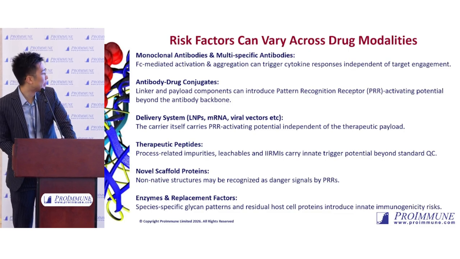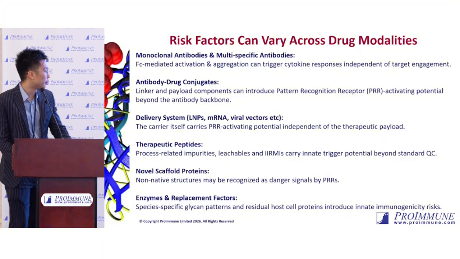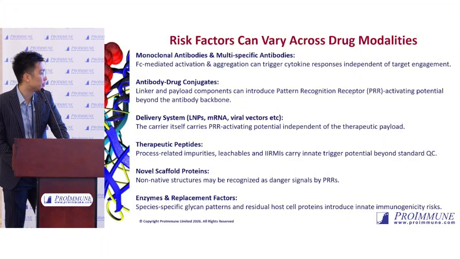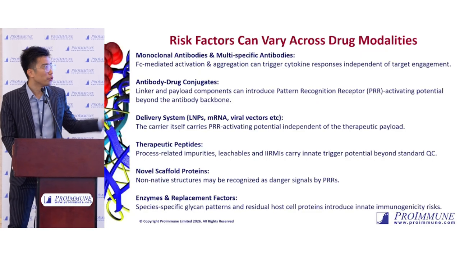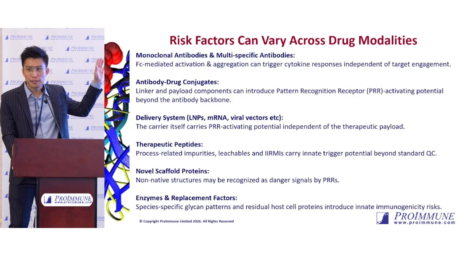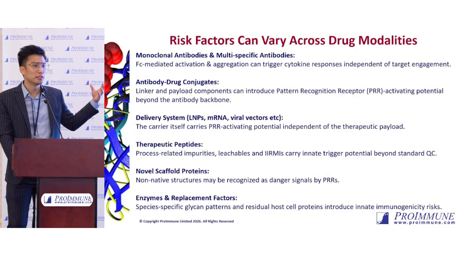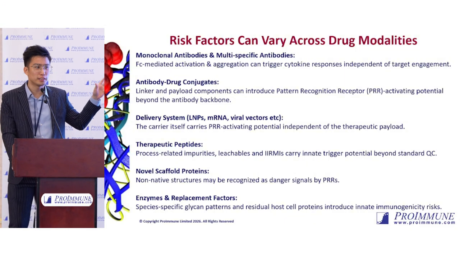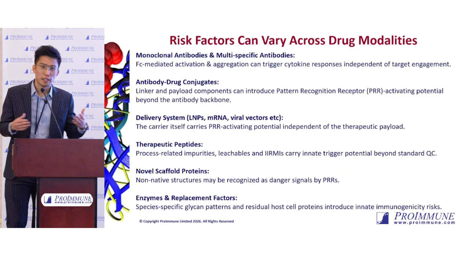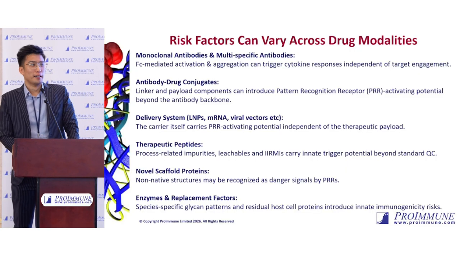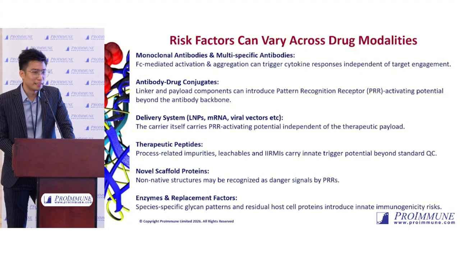And lastly, enzymes and replacement factors have species-specific glycan patterns and residual host cell proteins that can also introduce innate immunogenicity risk. So all in all, the factors can vary, but the most important thing is how we can assess these risks as early as possible before they reach the clinic, so that we can do something about it before something not so great happens.